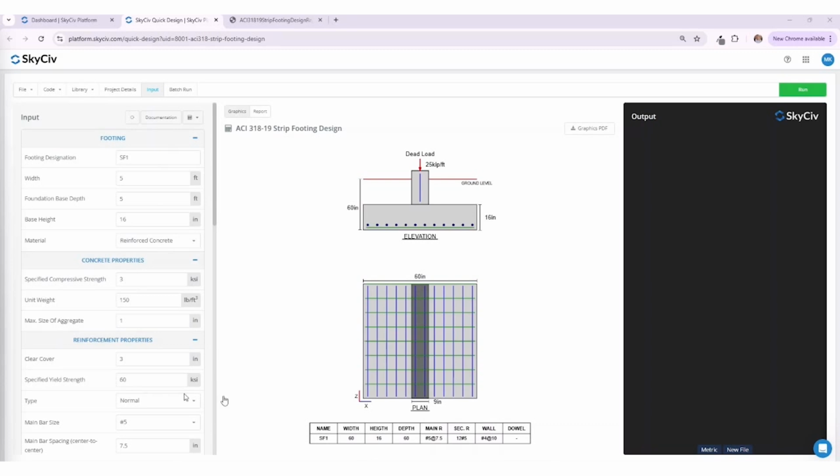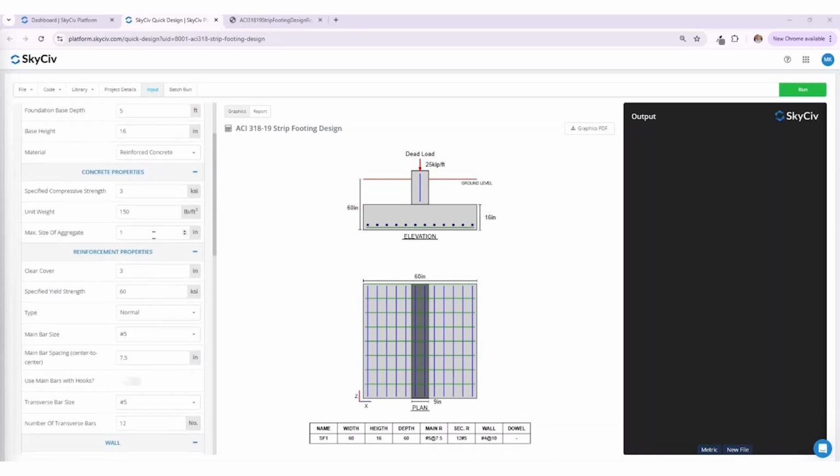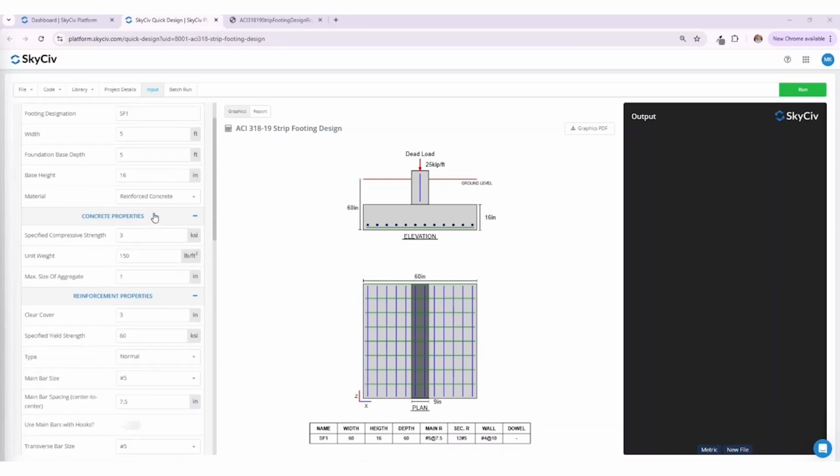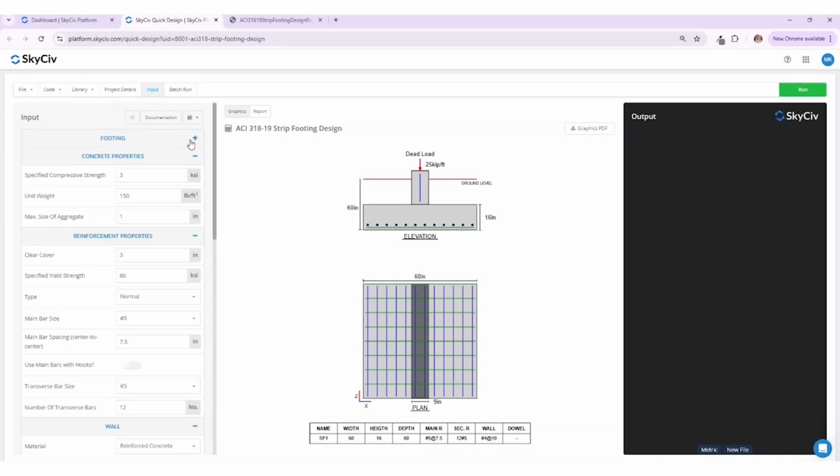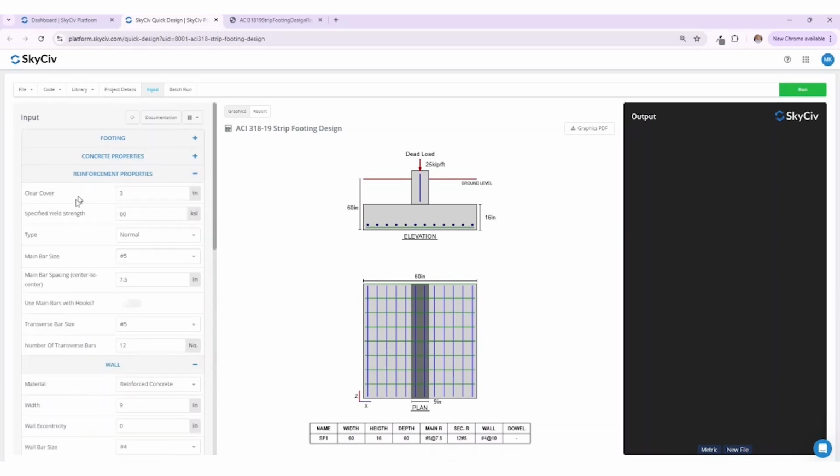In this example, I have a 5-foot wide strip footing. Here I entered the footing properties as well as the concrete properties and the reinforcement properties.